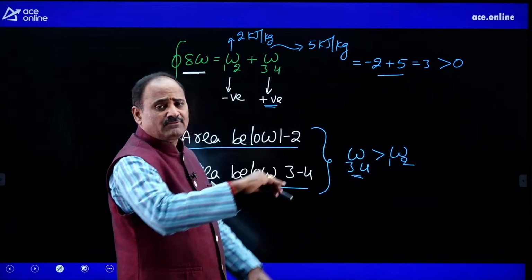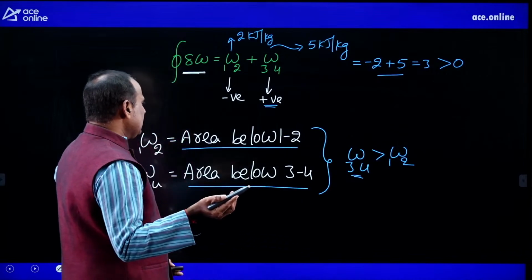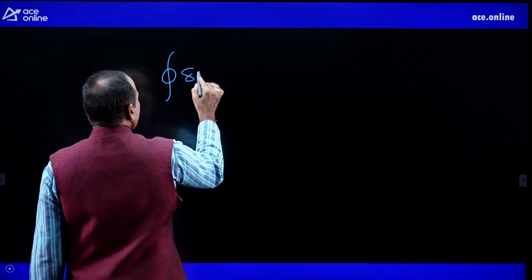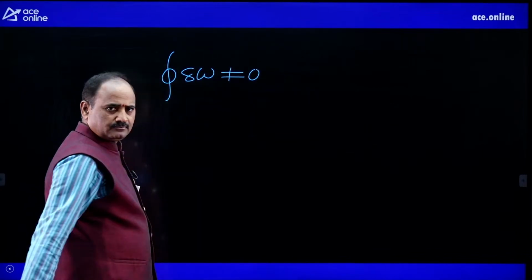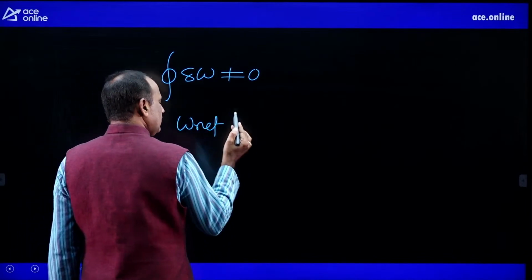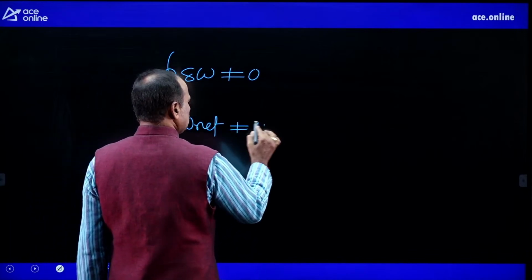If it is in the anti-clockwise direction, net work may be negative. Anyhow, the conclusion is that the cyclic integral of thermodynamic work is not equal to 0. That means indirectly the net work for any thermodynamic cycle is not equal to 0.